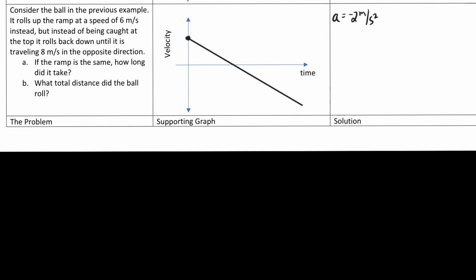So this is 6. This is 8, but negative. So I think my initial velocity is 6 meters per second, and my final velocity is negative 8 meters per second.